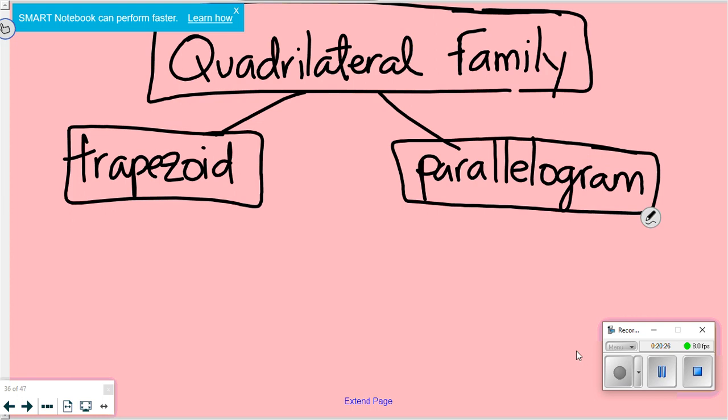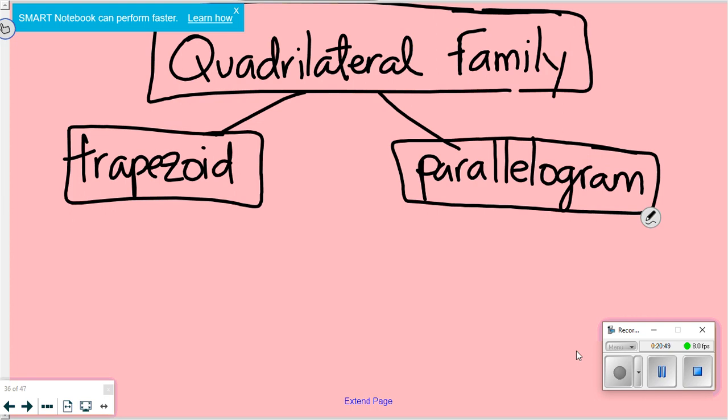If I have a parallelogram that now has square corners, what shape is that now? I am at a parallelogram and I'm now adding square corners. What shape is that now?